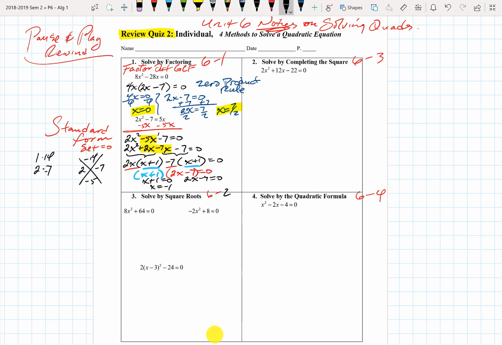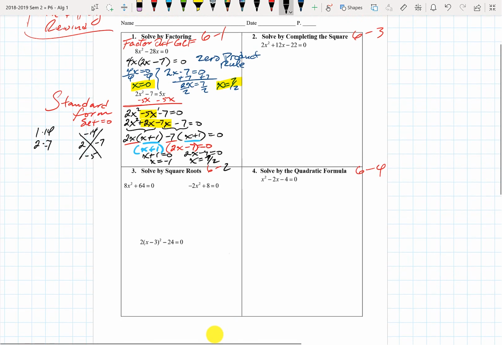If you do that, holy cow, you get the same answer as above. So x equals, excuse me, 7 halves, 7 divided by 2. So there you go. You got two solutions there, negative 1 and 7 halves. So you got to get that zero product rule going.